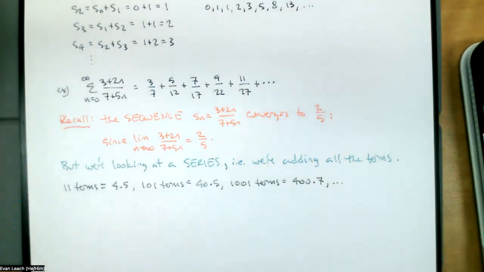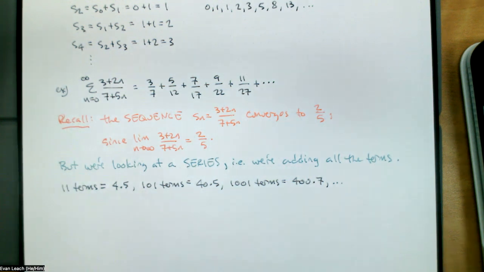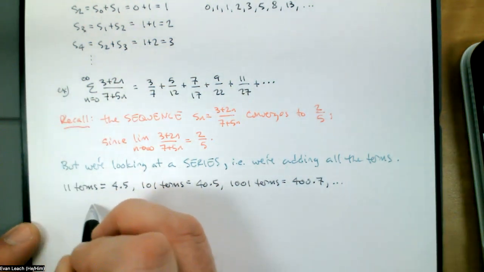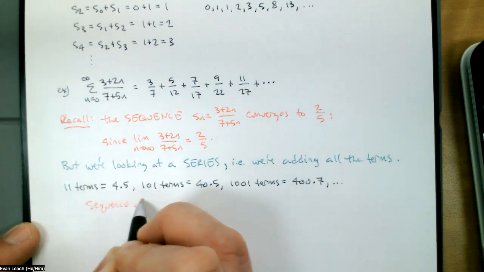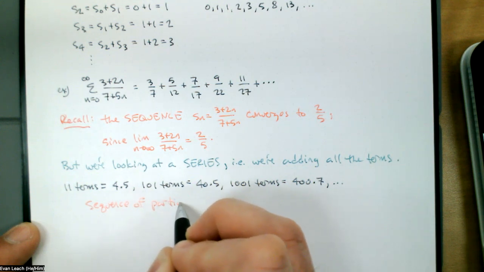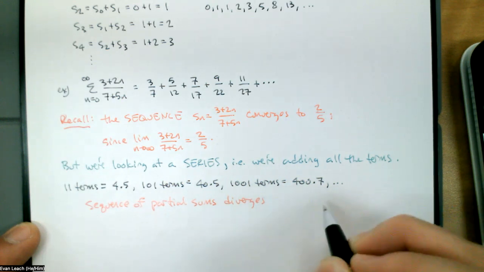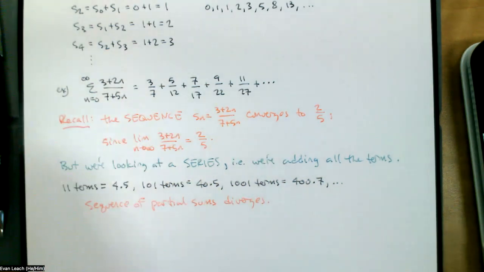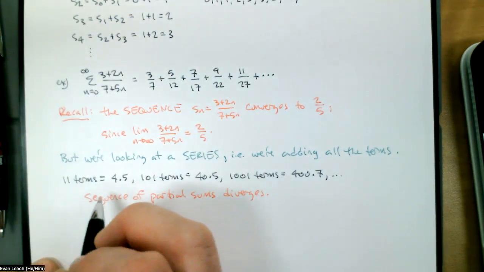And so even though we have not got to very large values of n, we're only looking at 1,000 terms, the data seems to suggest that the sequence of partial sums diverges. Since the sequence of partial sums diverges, we would conclude that the series diverges as well.